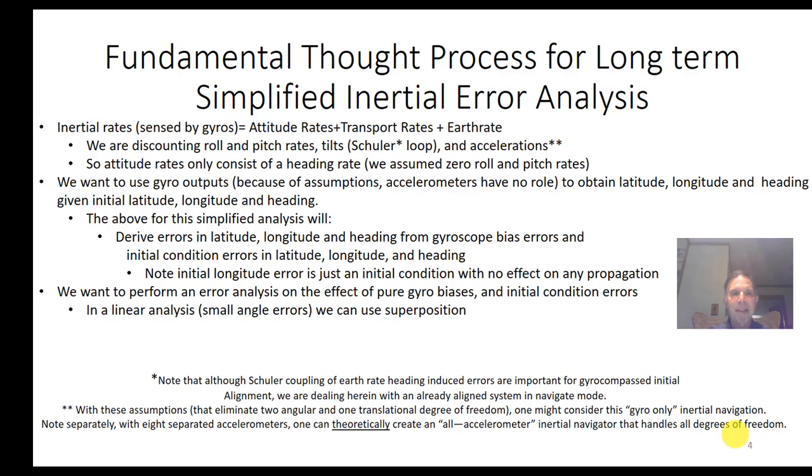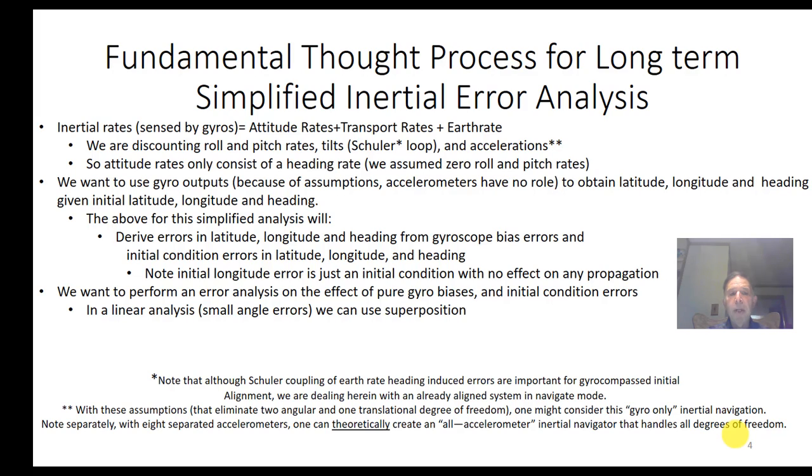So for a strap-down inertial navigator, we can say that what is sensed by the gyros, which are angular rates with respect to inertial space, equals attitude rates, that is roll, pitch, and heading rates, plus transport rates, that is horizontal velocities and vertical velocities, plus earth rates.